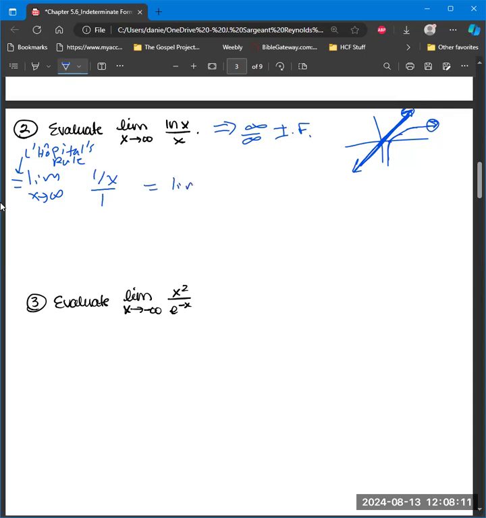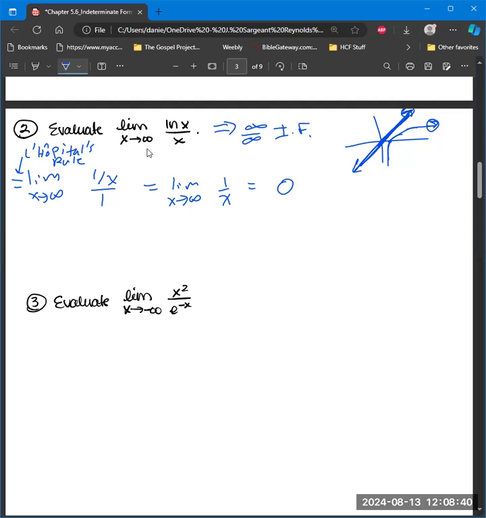It's going to be the limit as x goes to infinity of 1 over x, which is equal to 0. And that makes sense to me because the faster growing function is in the denominator. And that jives with when I had rational functions before and the degree of the bottom was greater than the degree of the top. And the horizontal asymptote always went to y equals 0.